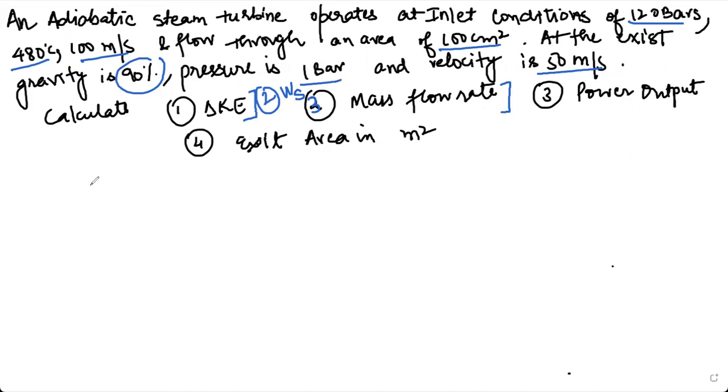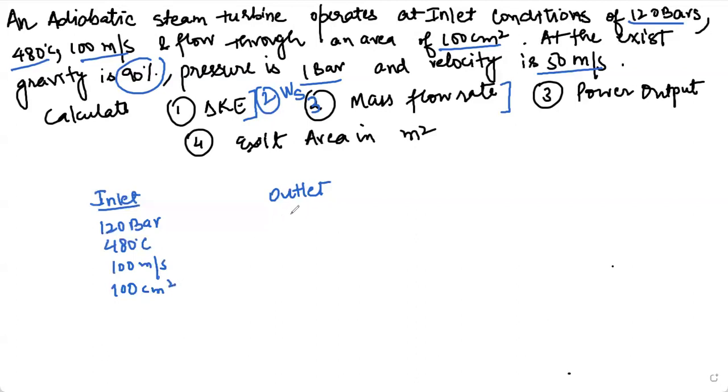So let us write down what is given. We have your inlet conditions and here you have your outlet conditions. Inlet conditions given: it is operating at 120 bars, 480 degrees Celsius, and the velocity is 100 meters per second, and the area is 100 centimeter square.